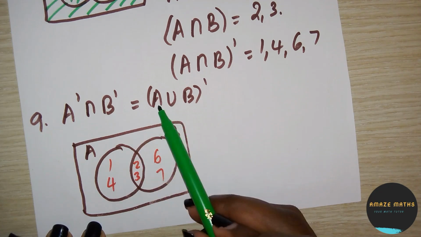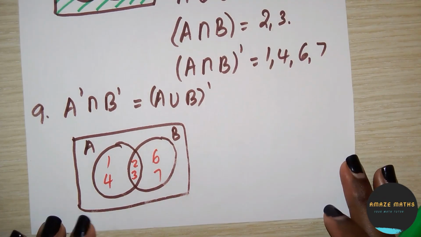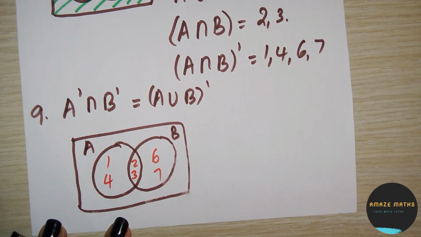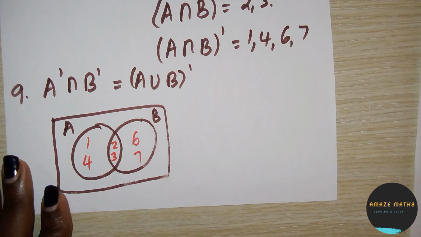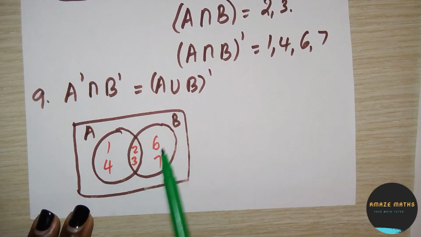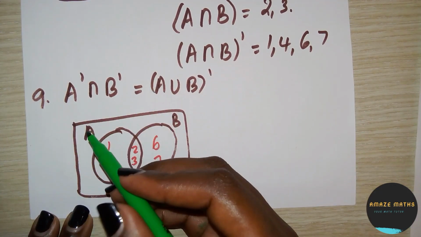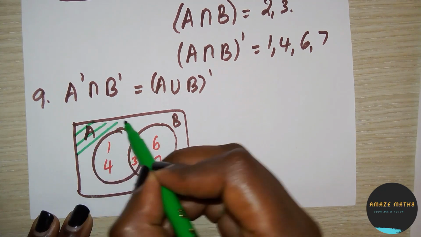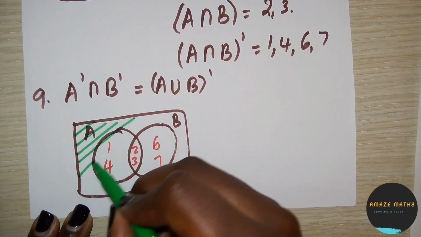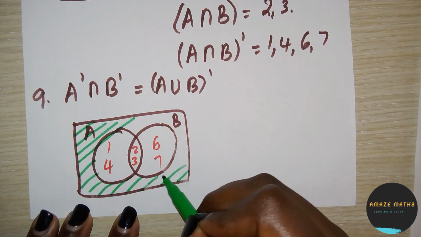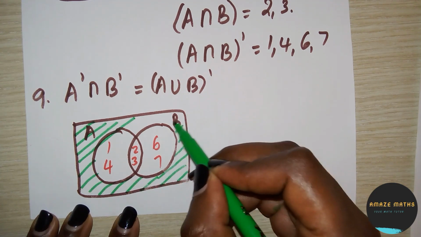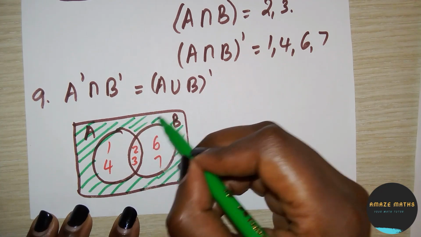So if we're to shade out A union B the same way we did in number 2, let me just show you number 2. So A union B would be this region. Now for this question we want the opposite of that, or whatever is outside. So therefore we're gonna shade out this one. I'm gonna shade out the outside part.